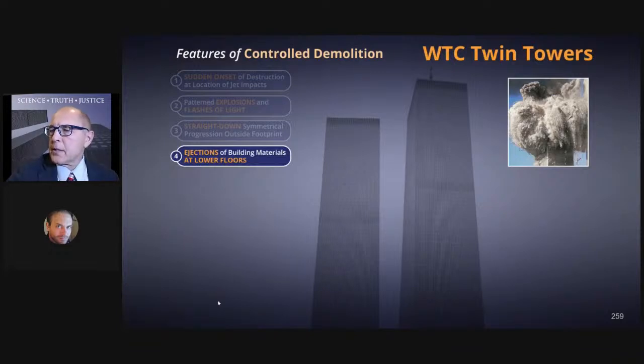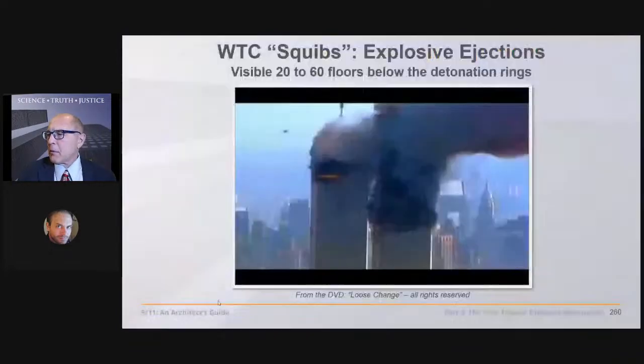Let's look and see at feature number 4: ejections of materials, called squibs in the explosive demolition industry. Here and here, 60 stories down below what we're told is a gravitational collapse, and 40 stories and 20 stories. We have these puffs of, NIST calls them air, but you can see the building solids.